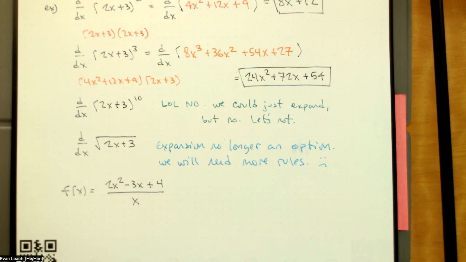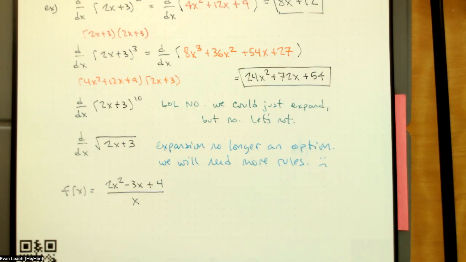So here, since there's only one term in the denominator, we're going to try to use the linear transformation aspect of finding the derivative. We're going to use the distributive property and rewrite this function as terms.